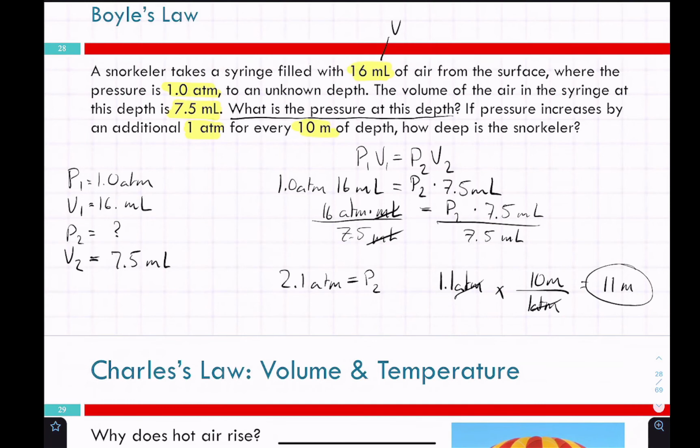So we don't even use the 2.1? We do, well, it's 2.1 minus the 1.0 atmosphere that we started at equals 1.1 atmospheres.